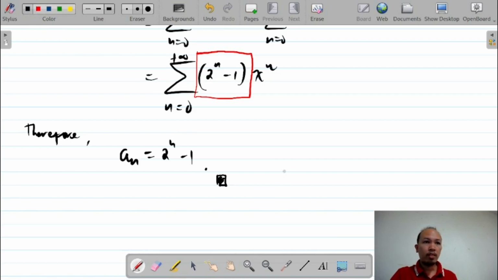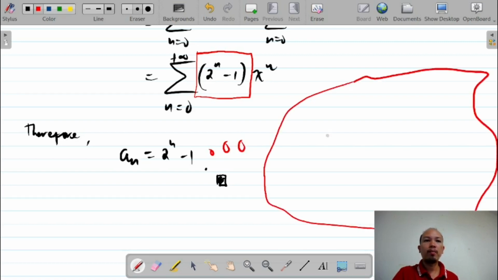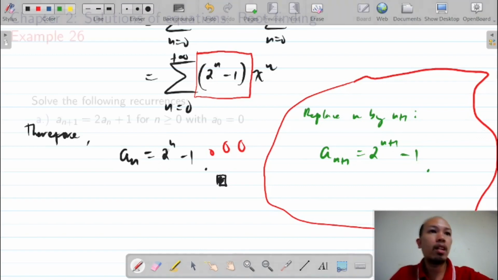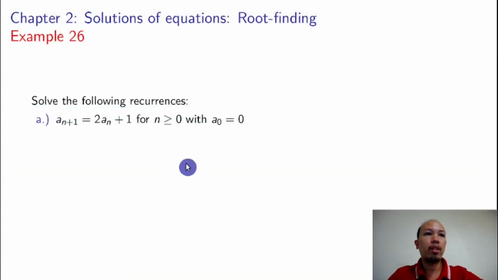So if you put a bubble thought here somewhere, just replace n by n plus 1. So we will have a sub n plus 1 is equal to 2 to the n plus 1 minus 1. Okay, for the formula for a sub n plus 1, just like in our given here, as you can see here.